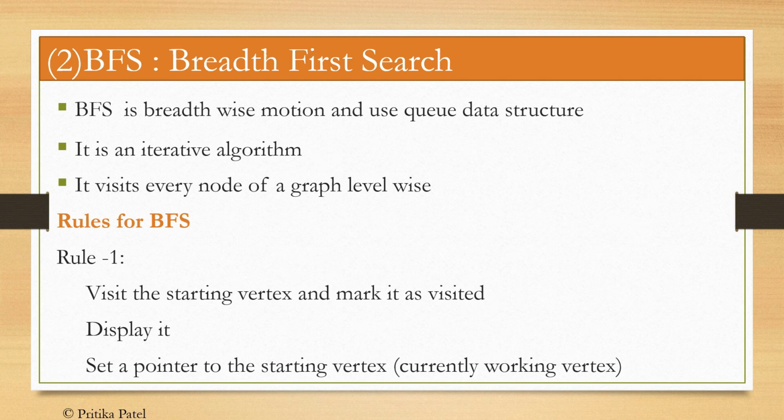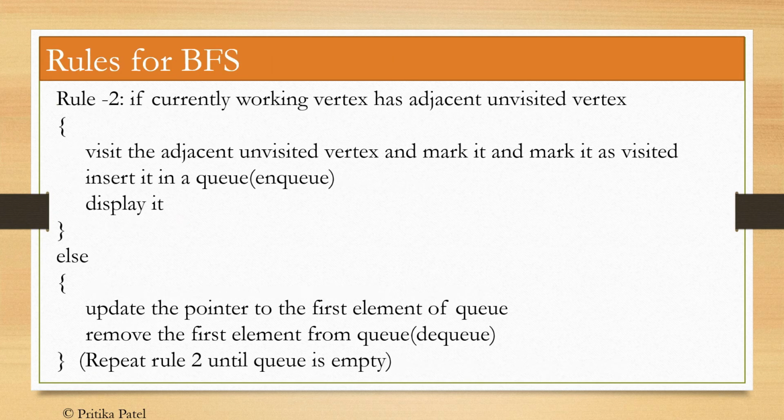So now the rules for BFS. Rule number 1, visit the starting vertex and mark it as visited, right? Then display it and set a pointer to the starting vertex, that is the currently working vertex.